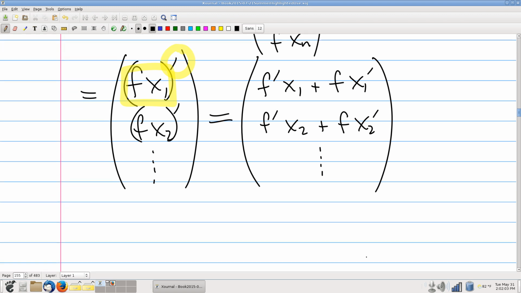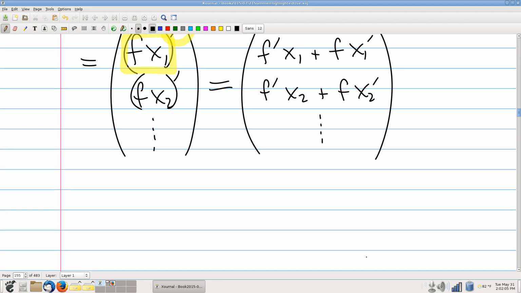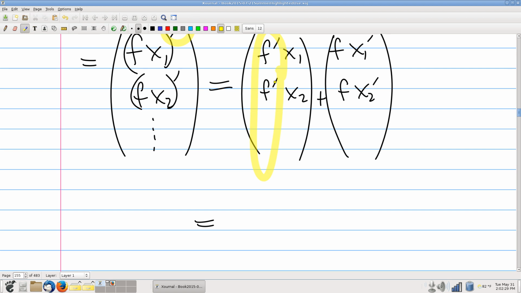Okay. All right. So now it's just a matter of grouping and finalizing. So I'm going to separate this into two separate vectors, like that. And then I'm going to observe that there's a common factor of f' in all of those.